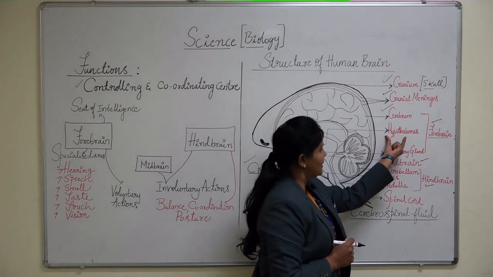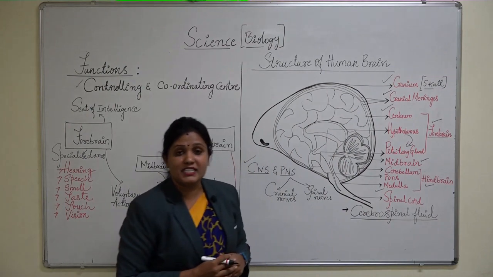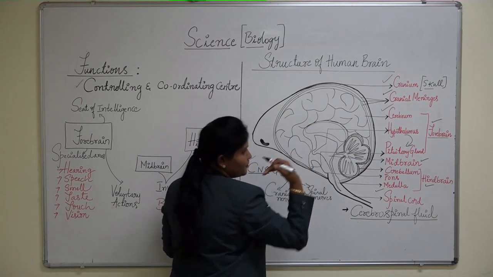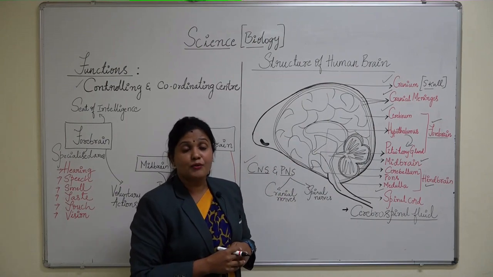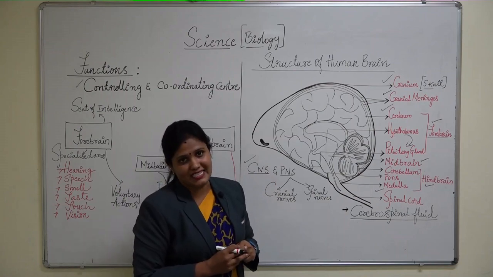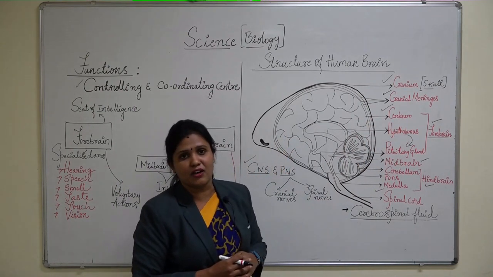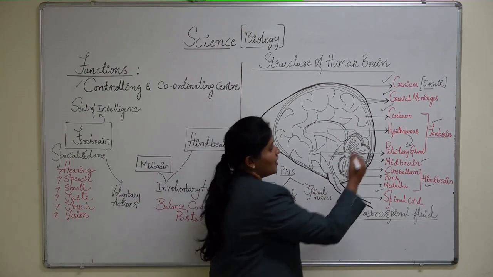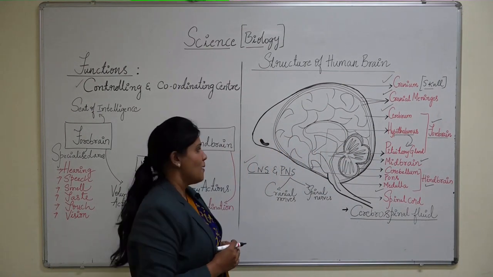It is an endocrine gland that controls all the activities of the pituitary gland. The pituitary gland lies underneath the brain. The pituitary gland is also an endocrine gland, the size of a pea seed, and it is in direct contact with the neurons of the hypothalamus. So, all the activities of the pituitary gland are under the control of the hypothalamus.